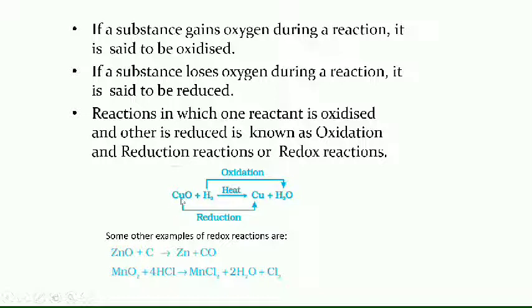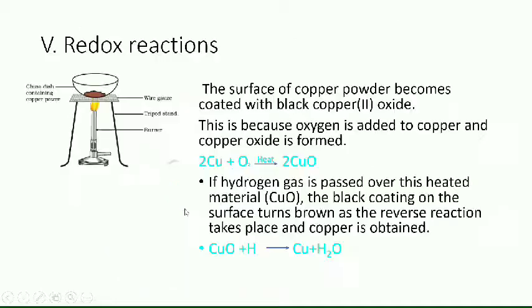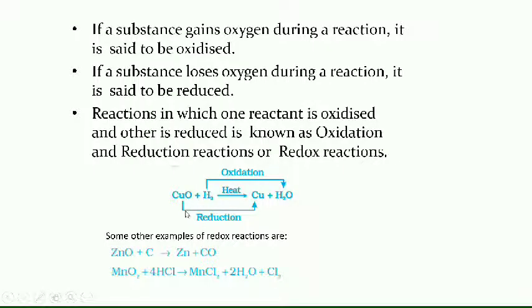You can note down that in the second reaction, the copper oxide is reduced into copper and hydrogen is oxidized into water. So in this reaction both reduction and oxidation are taking place. These types of reactions are called redox reactions.